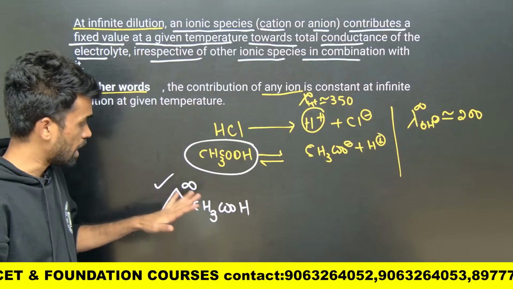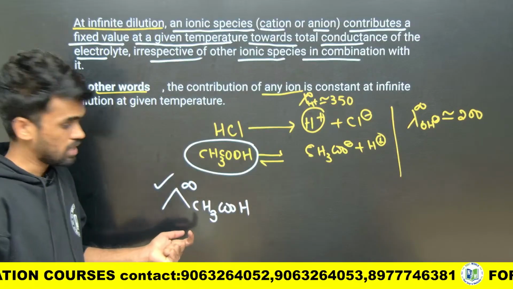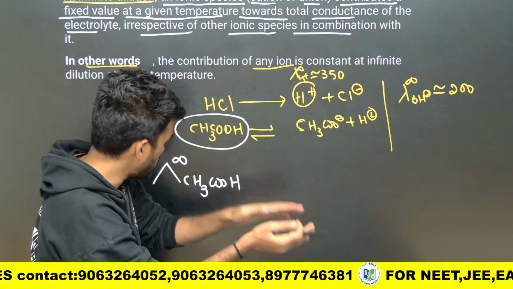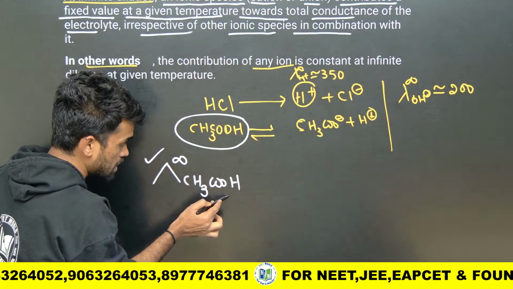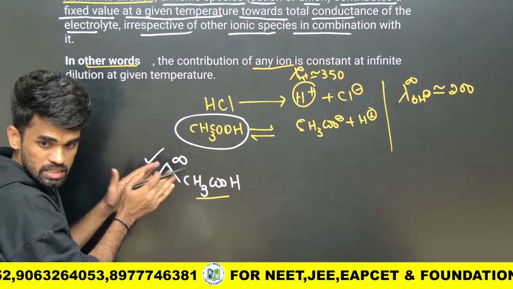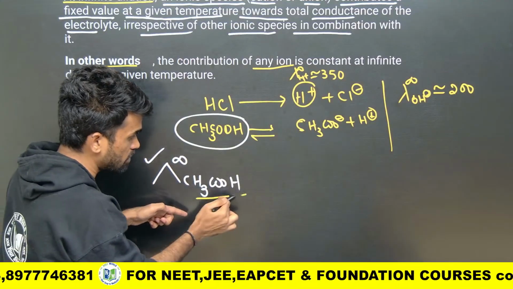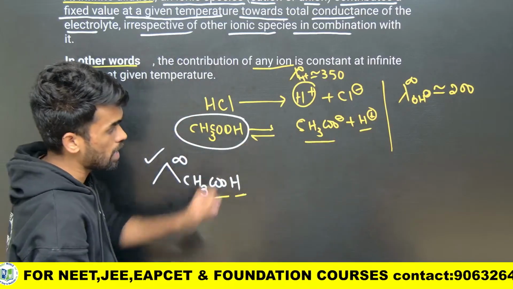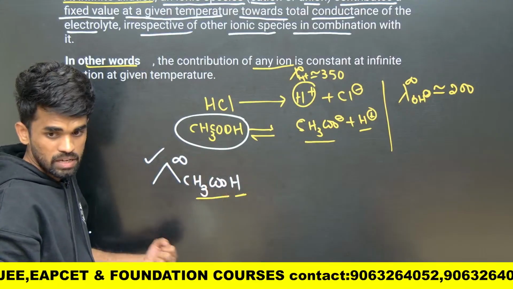So for calculating the limiting molar conductivity of acetic acid, we need to take those strong electrolytes which produce these ions. Which ions? Ions that are present in this weak electrolyte. What are the ions present? One is acetate ion and the other is H plus, these two ions we require now. So what are the strong electrolytes giving these two ions at infinite dilution?